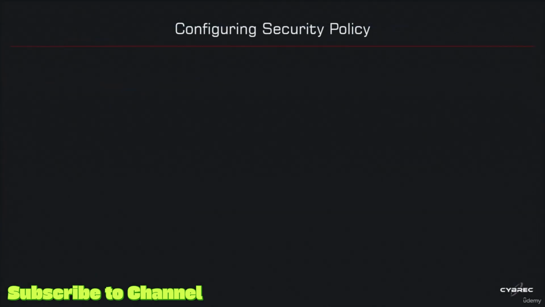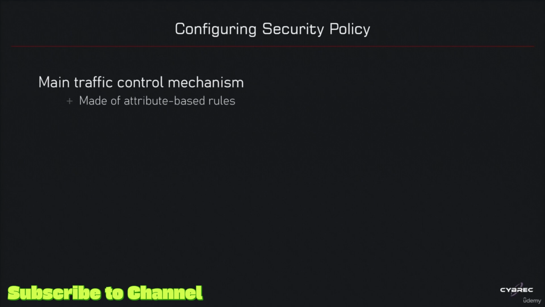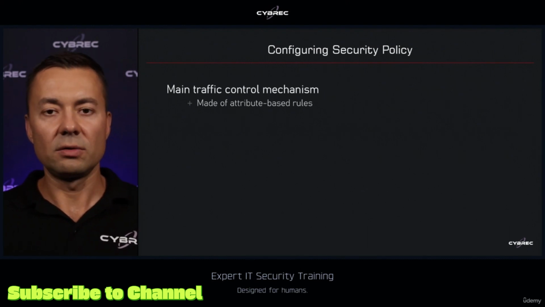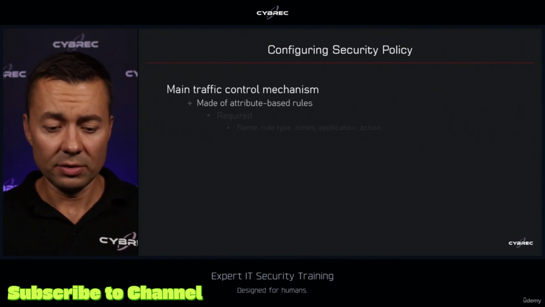So security policy is obviously this single place where we will define our rules, or basically tell the firewall what type of communication, what type of traffic we want to permit across the system, what traffic we may want to inspect, or maybe what traffic we may simply drop because we don't want it to cross between the different segments. Our security policy can be thought of as a large database of rules, where each of those rules is made of so-called attributes.